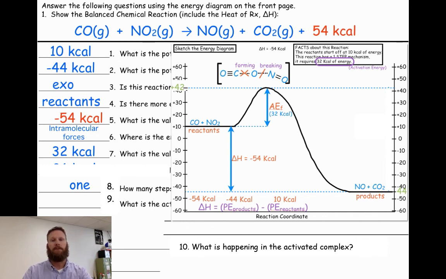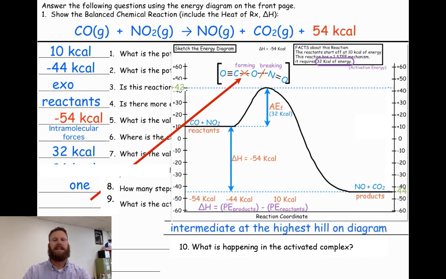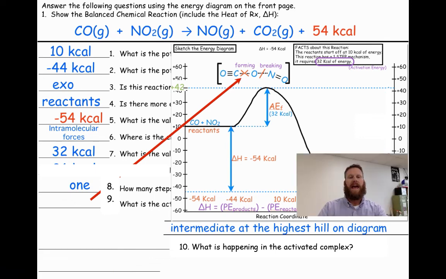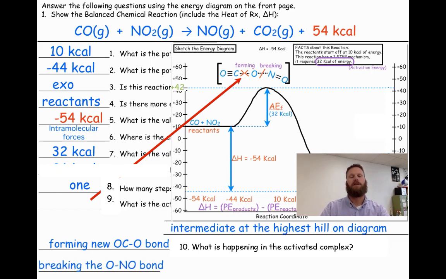The activated complex is the CONO2 intermediate represented in the brackets. By definition, the activated complex is the intermediate at the highest peak on the diagram. What is happening at the activated complex? As we discussed at the beginning, a bond is formed between carbon and oxygen, and a bond between nitrogen and oxygen is broken.